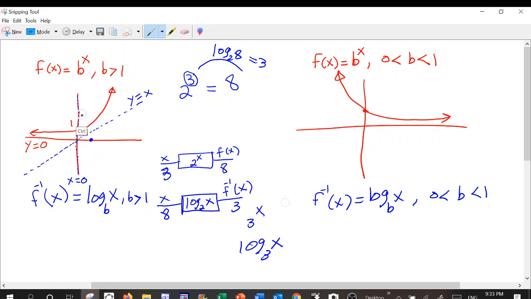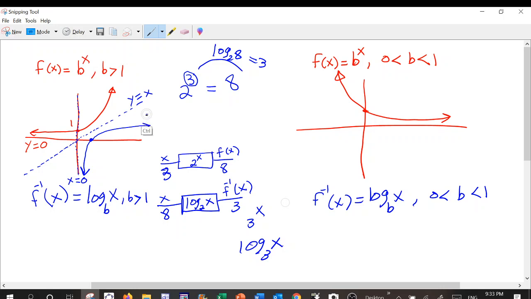Now, notice that this part that is approaching the negative y-axis will approach the negative x-axis. So it's going to be right here. And you see that these are reflections with respect to that line, right? And this part that is going up to infinity this way is going to go to infinity this way.